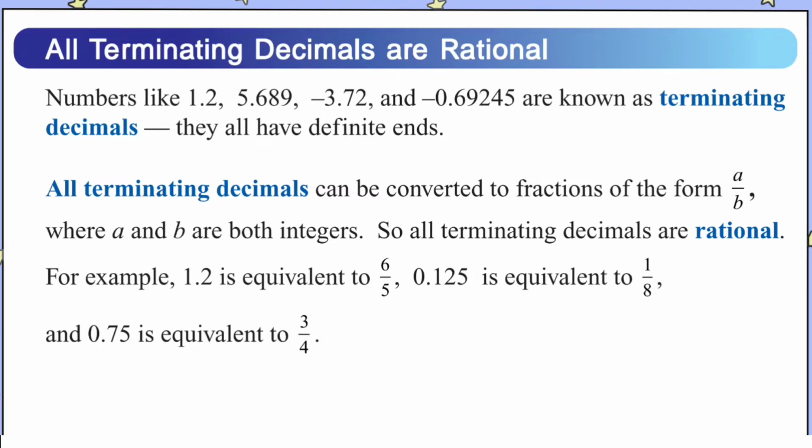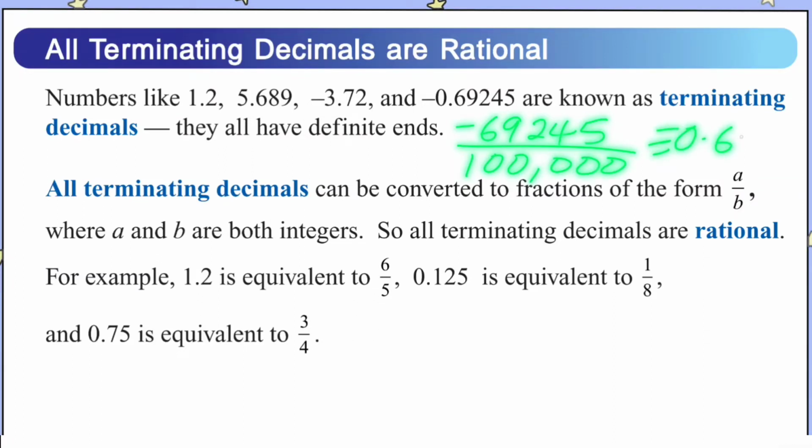And we can do a similar thing for both 3.72, negative 3.72, and negative 0.69245. Simply place the number over a certain power of 10 depending on how many digits are falling behind this decimal point. 1, 2, 3, 4, 5 here. That would mean minus 69245 over 100,000 is minus 0.69245.